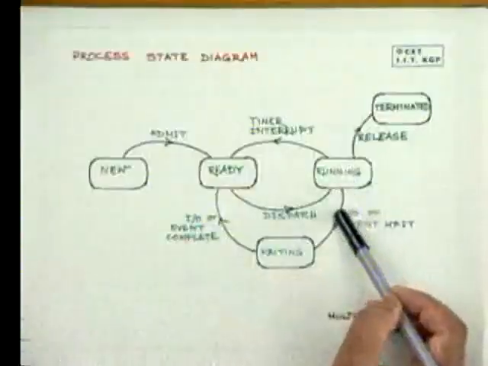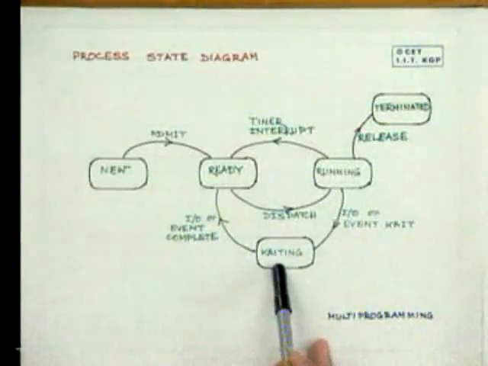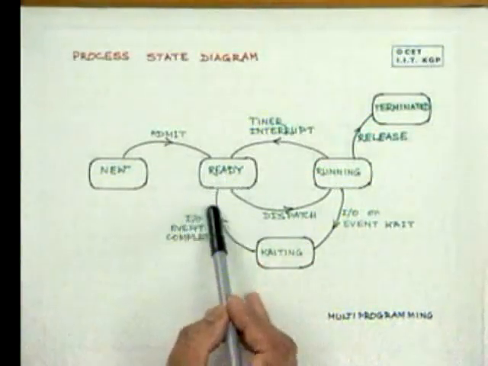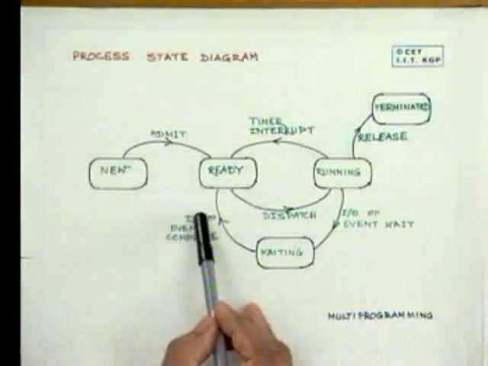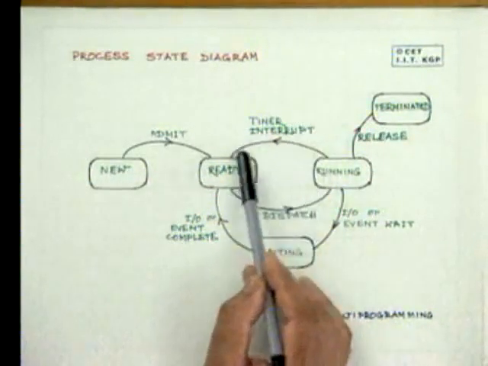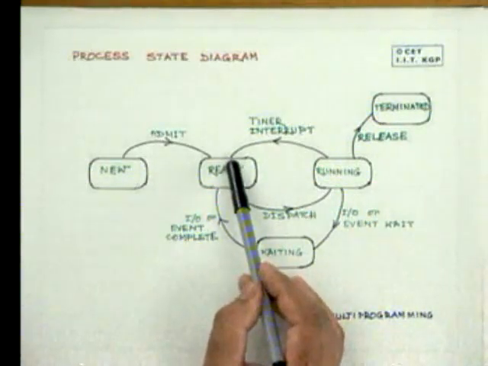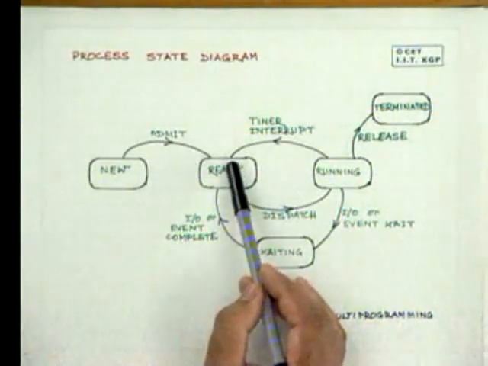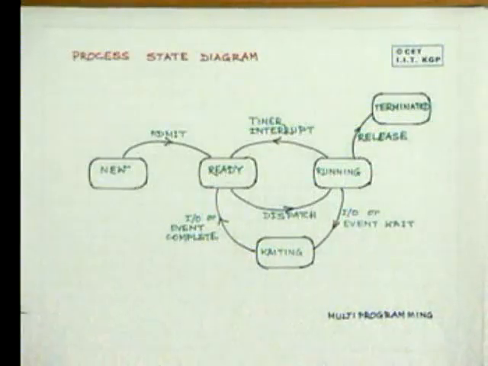Otherwise, if it goes through the I/O waiting queue and comes to the ready state, we can take it to be an I/O bound job. Therefore, we can dynamically flag a particular job as I/O bound or CPU bound, depending upon which path it has taken to come to the ready state.